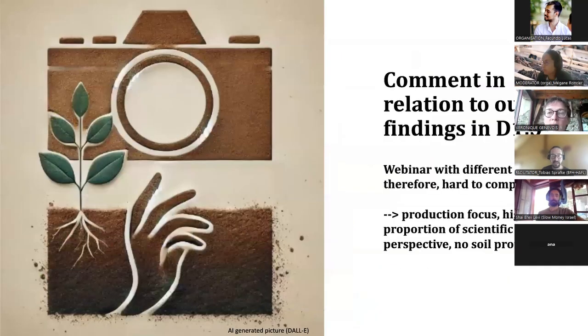I come to the final slide, where I tried to comment a bit on the relation of our findings. We had a slightly different question in our research, but overall we saw here that the production focus was a bit more present. There was a bit more scientific perspective, like with the stethoscope and the soil drilling. So compared to the normal population, we had a bit more scientific perspectives.